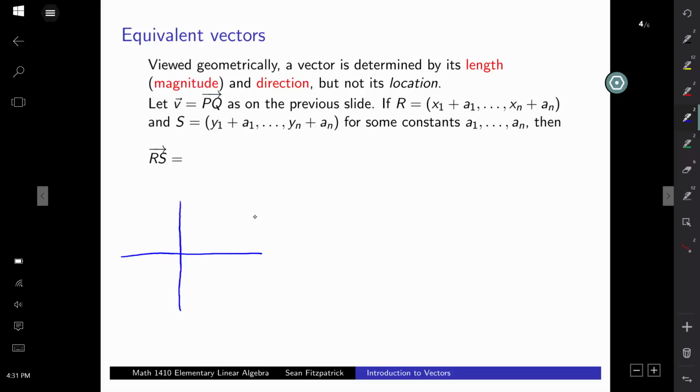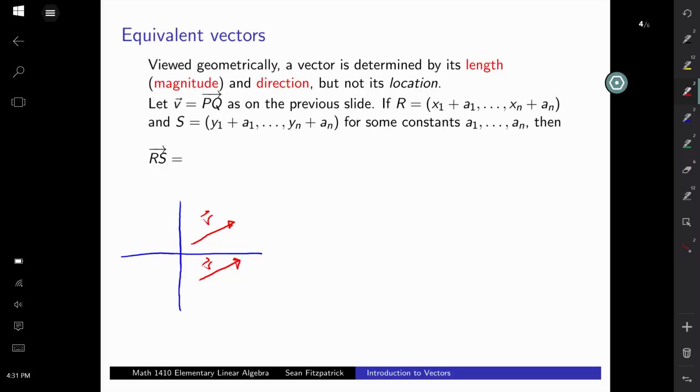So if I had two vectors, say here, and I'll try to draw them carefully, and here, that are pointing in the same direction, and they have the same length, I would say, well, those are basically the same vector, right? I've just drawn it with the tail at two different places.